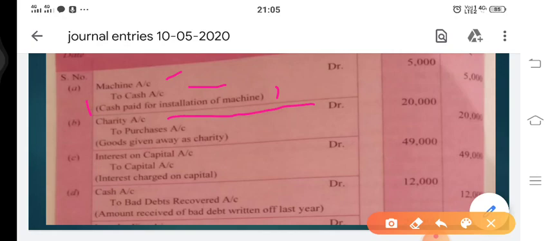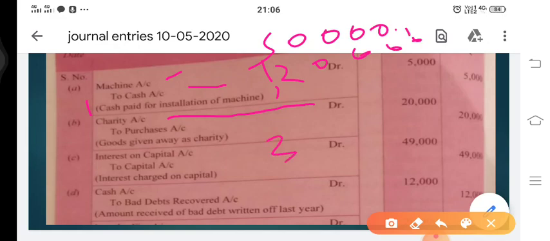For example, let's say that we had purchases worth rupees 50,000. Now when we give goods worth rupees 20,000, from 50,000 we have given 20,000, so we will be left with only 30,000. That means our purchases got reduced.